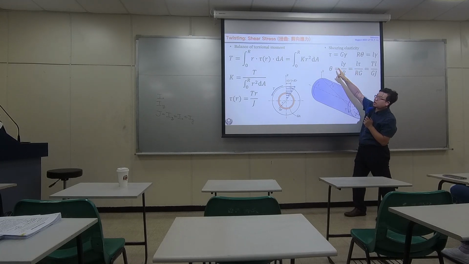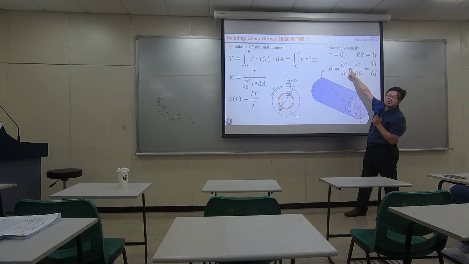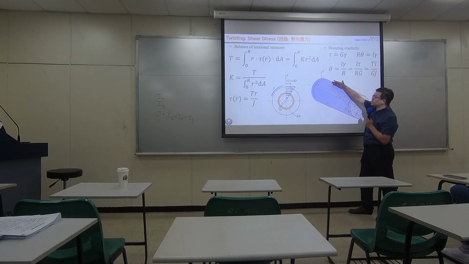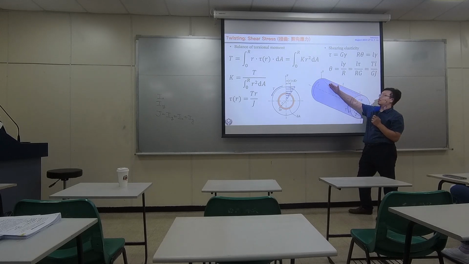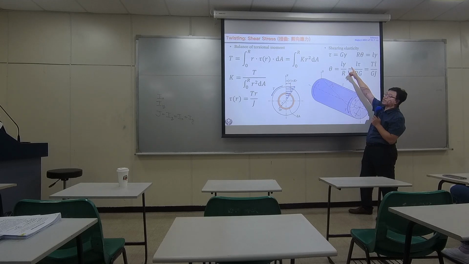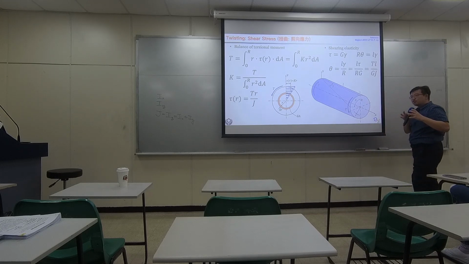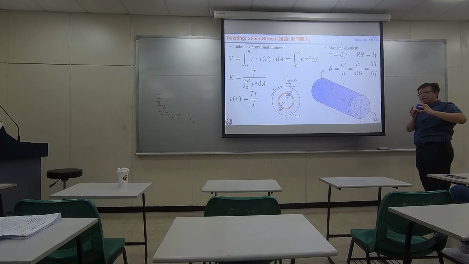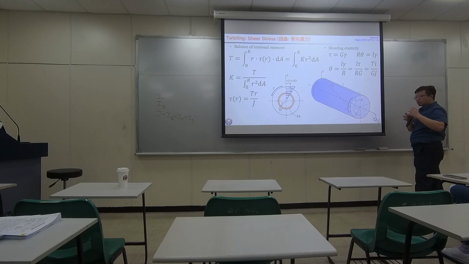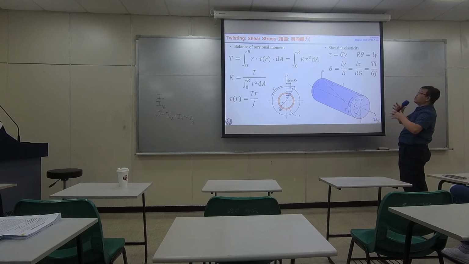Tau is your shear stress, and gamma is your shear strain, basically the angle, how much you twist here. G is the shear modulus. It represents how strongly a material fights against twisting. If G is larger, you can hardly twist it. If G is smaller, you can twist it more easily.